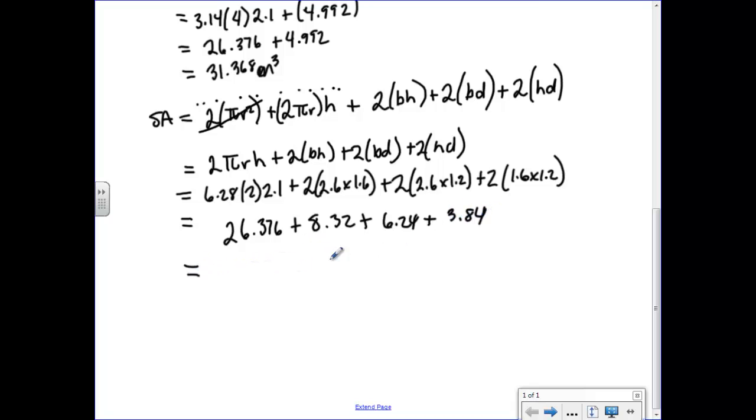Then I add all of these together, plus 6.28, plus 8.32, plus 26.376 equals 48.16, or sorry, this was meters squared. So therefore the surface area is that, and you can see how I can combine the two. So there's your two answers.